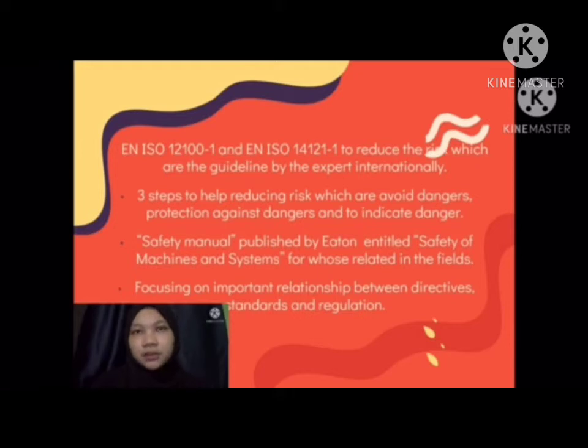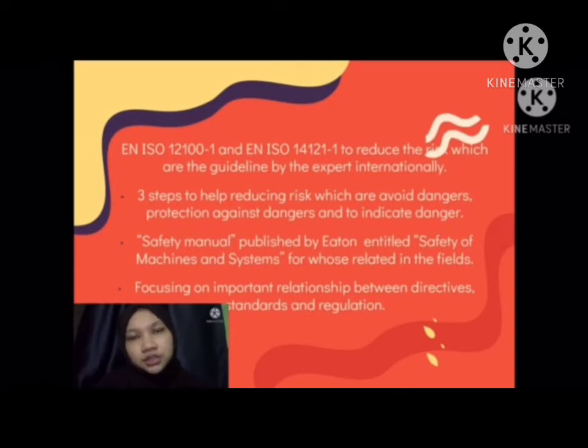The safety manual was published by Eaton, entitled Safety of Machine and System, for machine builders, trainers, trainees, as well as those who are interested in safety issues. By providing a non-complicated introduction, this publication focuses on the important relationship between directives, standards, and regulations.